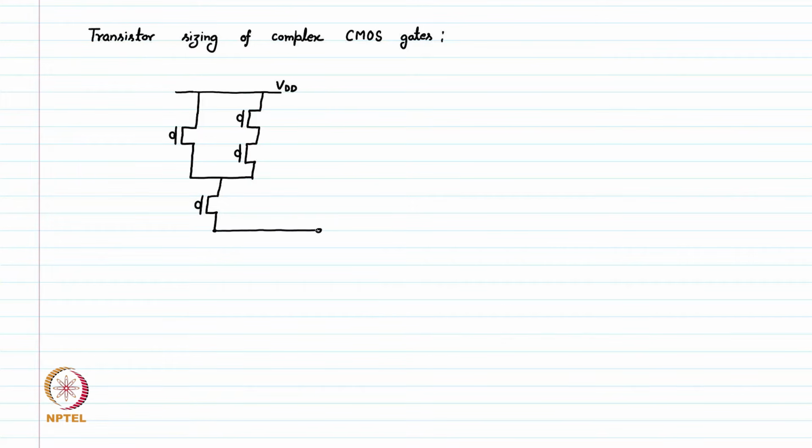This is the output node. So this is our PUN, or pull-up network. In the pull-down network, this is the dual of this circuit.